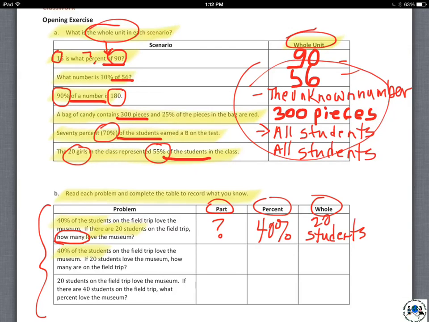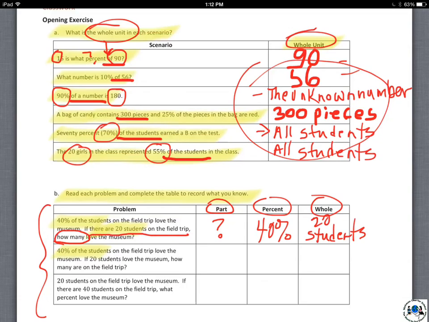The next one says, again, 40% of the students on the field trip love the museum. If 20 students love the museum, a little bit of change here, how many are on the field trip? In the one prior we said if there are 20 students on the field trip, so we knew that whole.